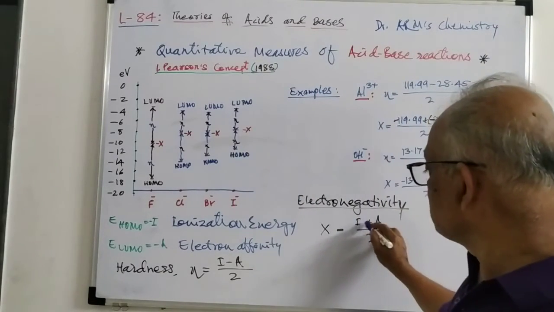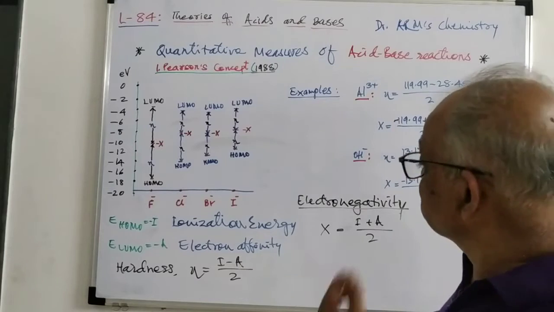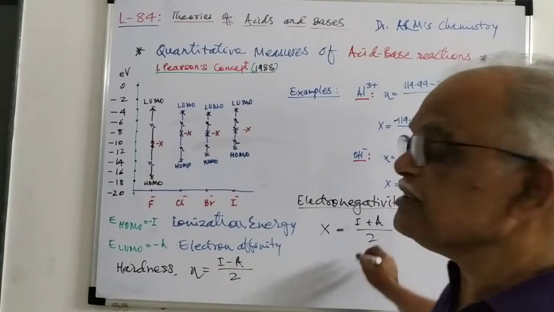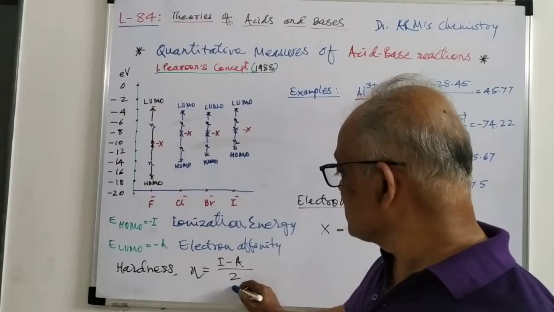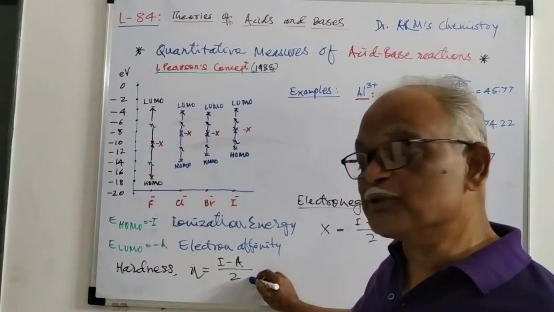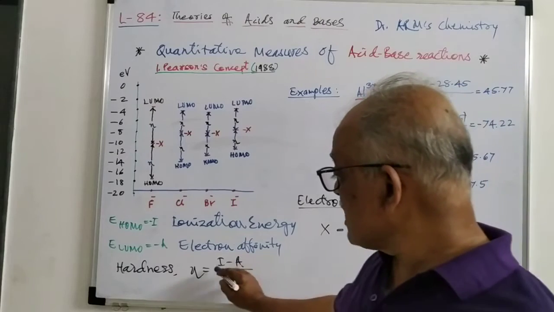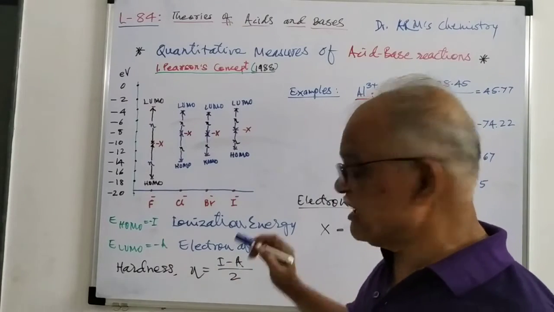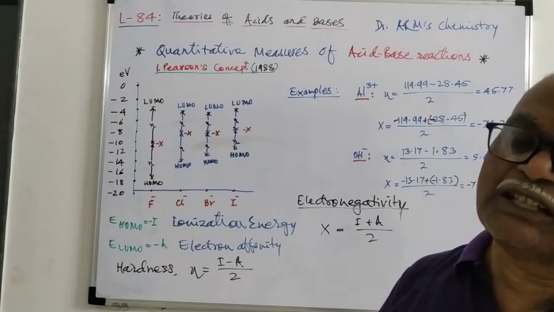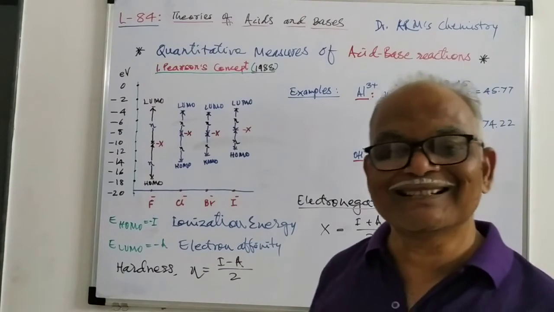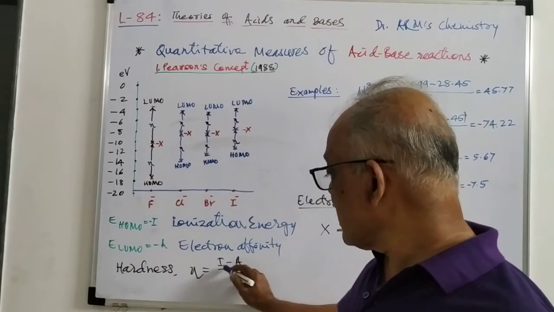This carries a negative sign, but eta does not, because it is just the difference between two values. I is negative and A is also negative, but we are not concerned here with the sign of I and A.